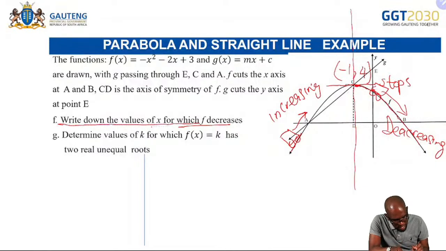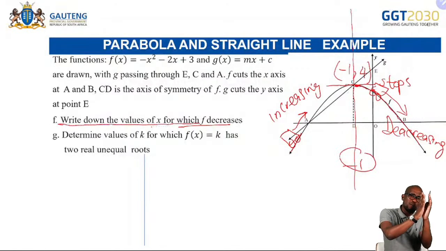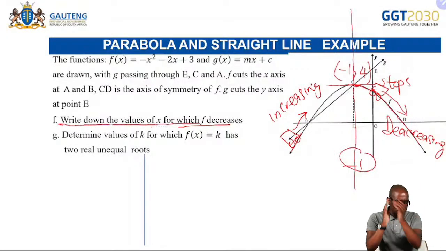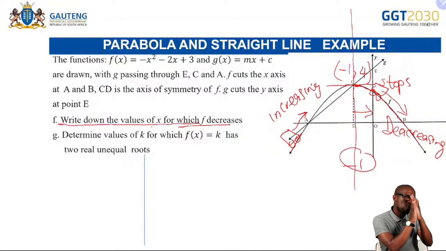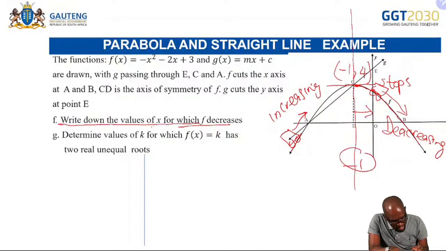What is the value of x on the turning point? It is -1. So starting from -1 on the graph, going that way, you can see that it increases, but starting from here, going that way, it starts decreasing.